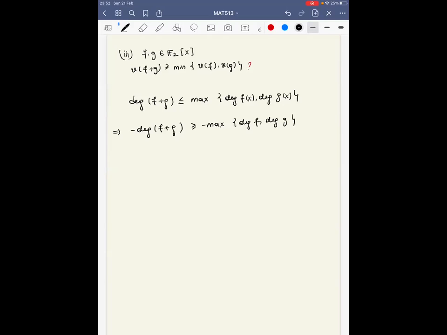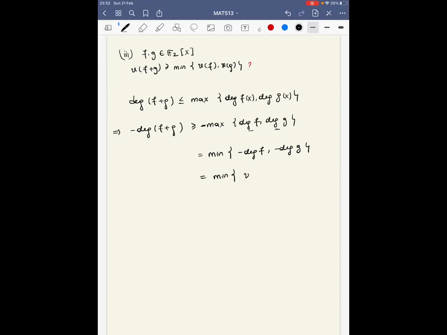And when we consider the minus of the maximum of two positive integers, we can see that actually this is equal to the minimum of minus degree f and minus degree g.